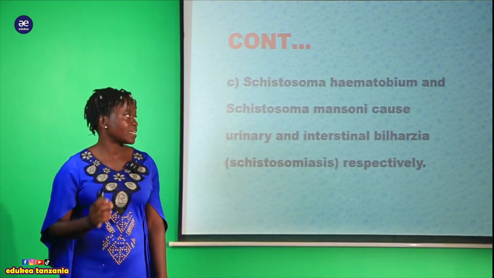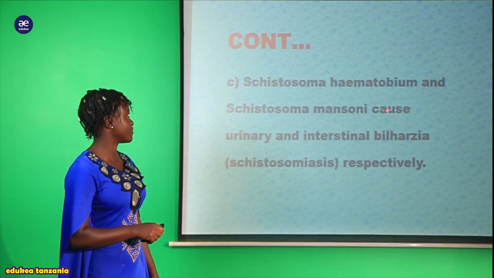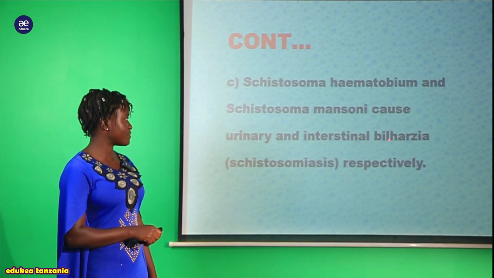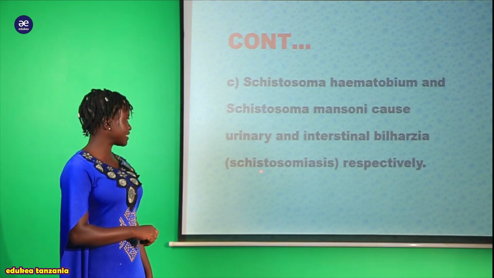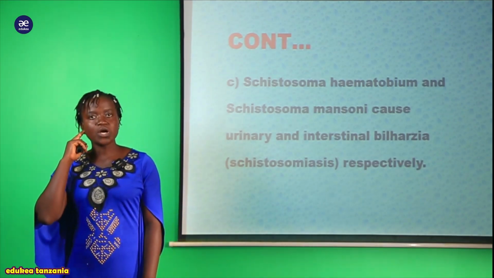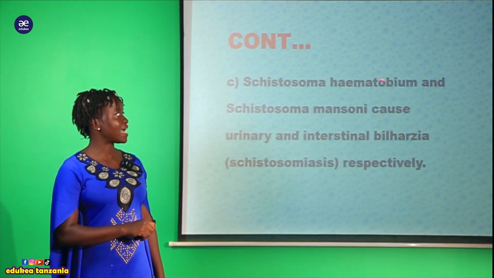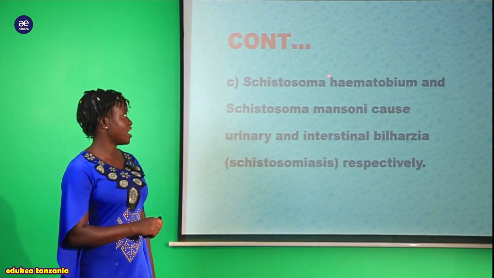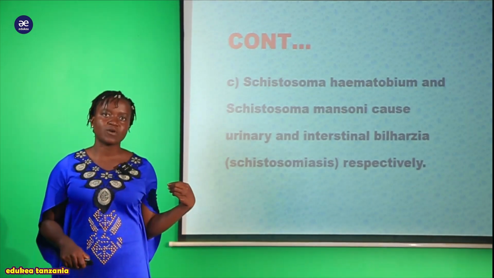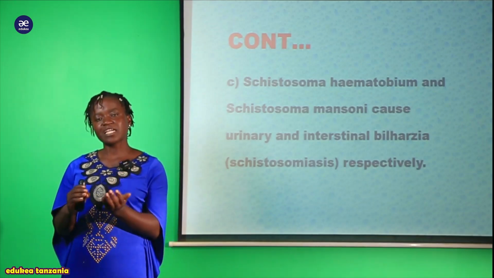Lastly, we have another organism here, that is Schistosoma haematobium and Schistosoma mansoni, which cause urinary and intestinal bilharzia, ambayo tutapata schistosomiasis respectively. So huyu organism ambaye anaitwa Schistosoma haematobium, the word haem meaning the blood. Kwa hiyo sasa hawa organism wanaenda kuaffect direct kwenye the blood. So anabring effect gani?